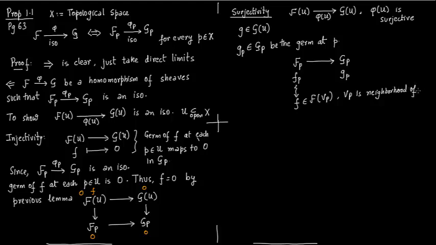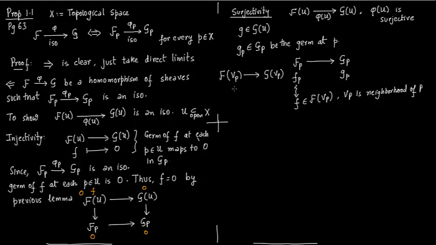V_p is small enough. So we can also talk about the morphism from F of V_p to G of V_p. This morphism we will call phi of V_p, in keeping with our convention of phi of U.